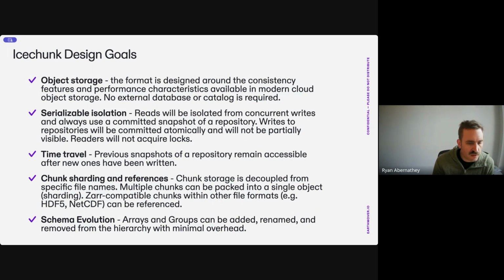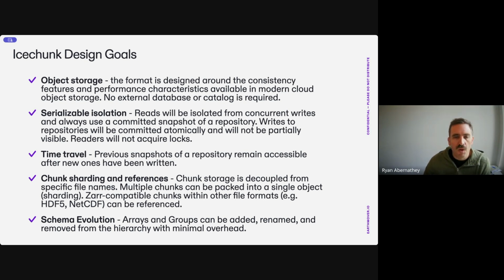And then finally, we wanted it to be easy to evolve the so-called schema, change the structure of arrays and groups within a store without having to rewrite or move large volumes of data, as you currently have to do with Zarr, right? If you want to rename an array, you actually have to copy all of its chunks to a new location in storage.